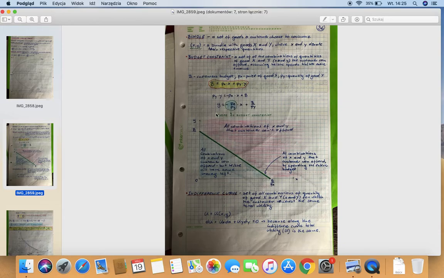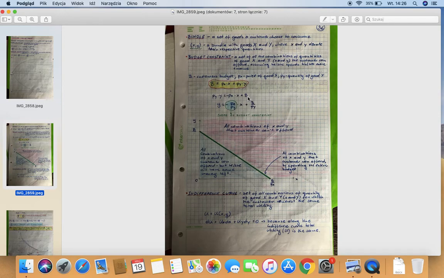If we put Y over here and X over here, and Py is missing here, but if we spend our entire budget on good Y, how many units of good Y can we buy? We divide B by Py. If you have $100 and good Y costs $10, then you can buy at most 10 units of good Y. So this would be this point. Now, if good X costs $5 and you want to spend all your money on good X, how many units can you purchase?